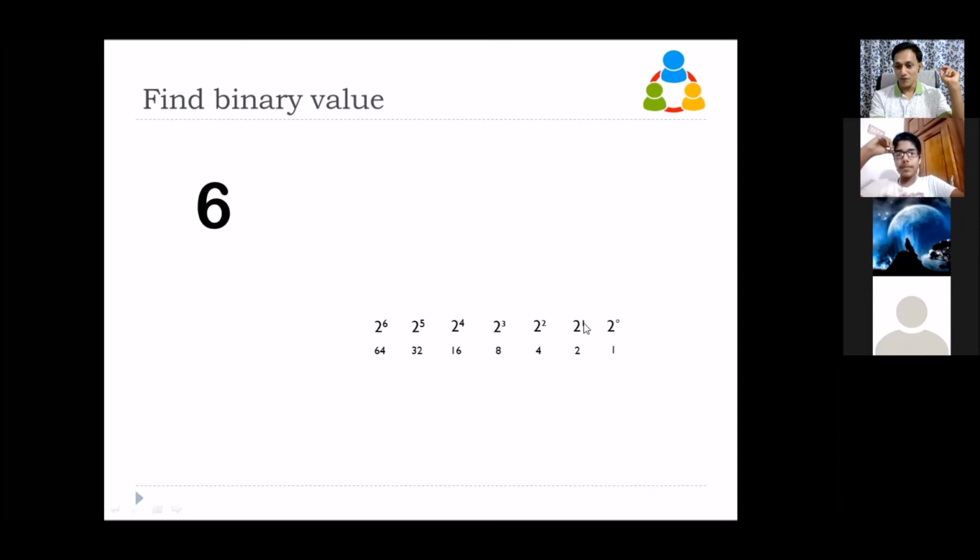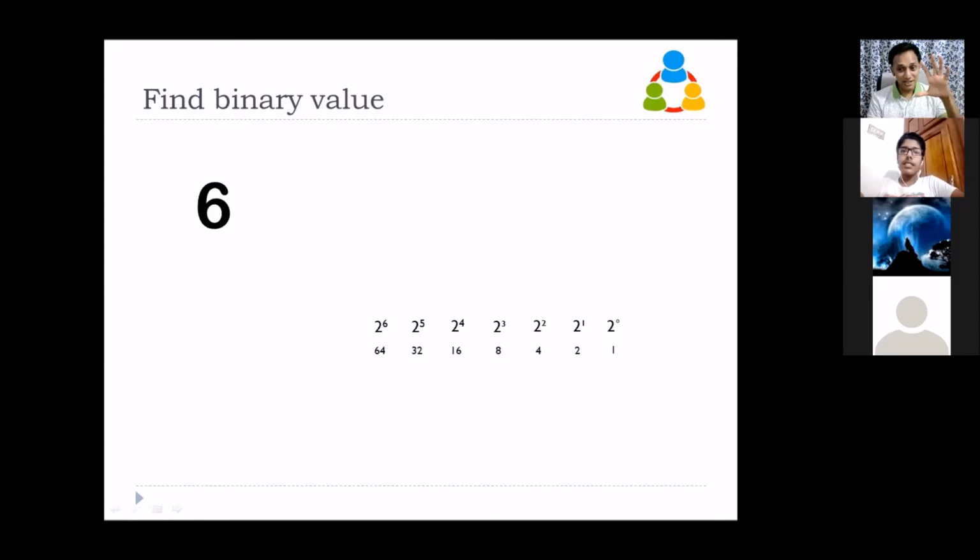If it is 0, 1, 1, it would have been 2 plus 1, 3. 0, 1, 1 is 6, right? This is the place value, you see. So you are telling 0, 1, 1. So this would have been 2 plus 1, 3 if it is 0, 1, 1.